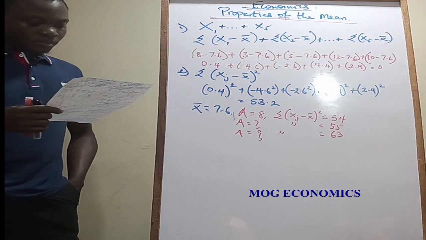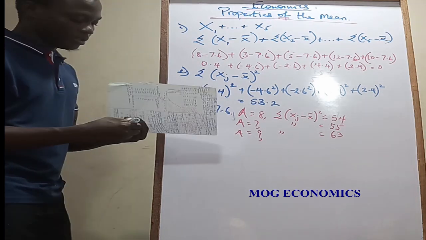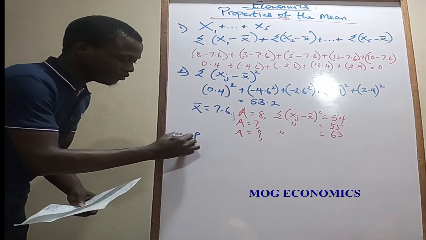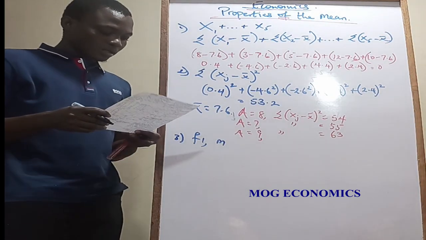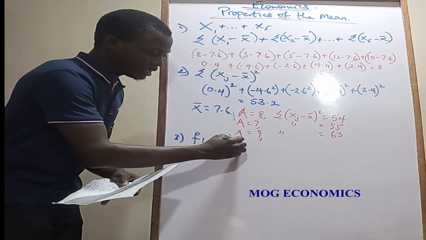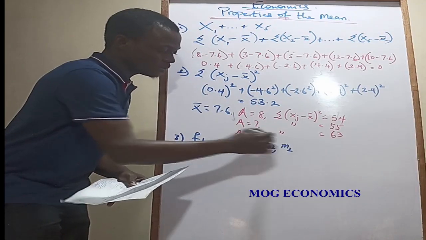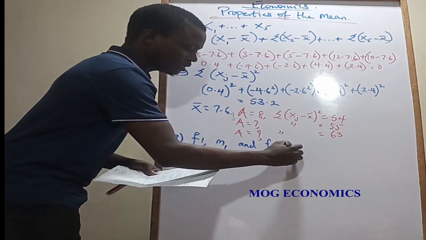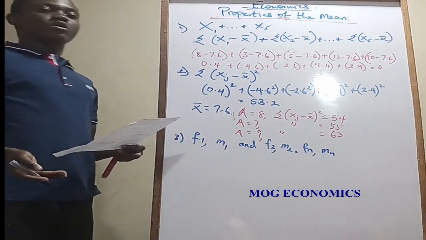Now, number 3. If F1 numbers have a mean of M1, and F2 numbers have a mean of M2, and Fn numbers have a mean of Mn, how do you get the overall mean?